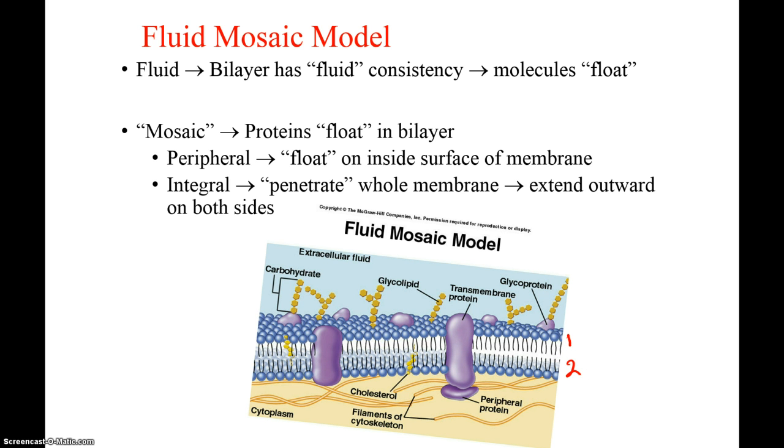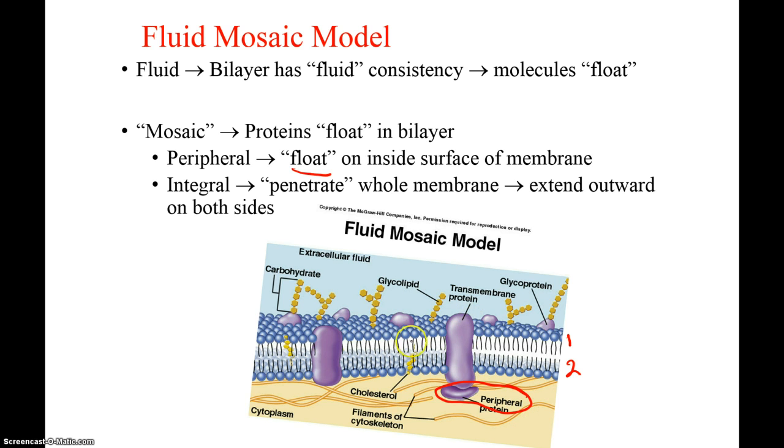Bi means 2. We've got some peripheral and integral proteins. So what do those mean? Peripheral means something that floats, quote unquote, on the inside surface of a membrane. If you take a look down here, here's a peripheral protein. Anything floating on the inside is peripheral.